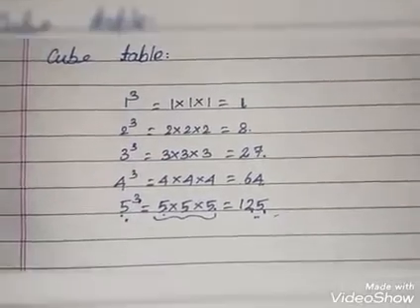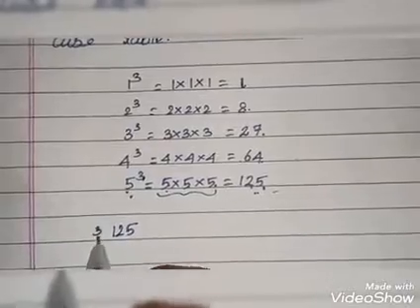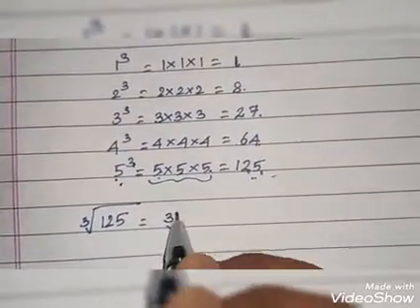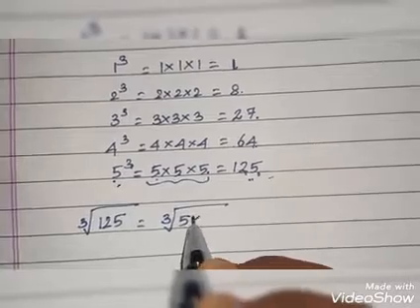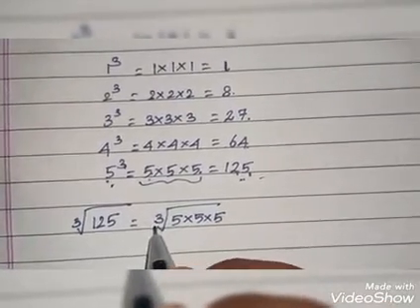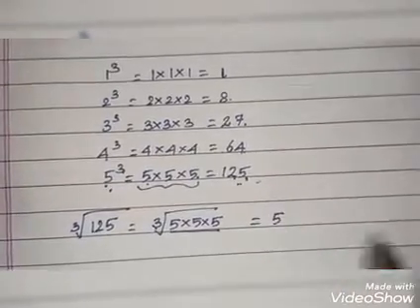So the cube root of 125 is equal to the cube root of 5 into 5 into 5. Cube root means 3 times, so you take 1 out. So 5 is the cube root.